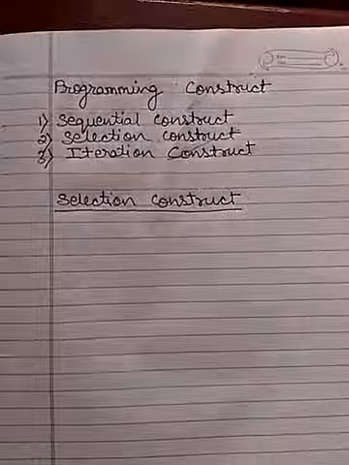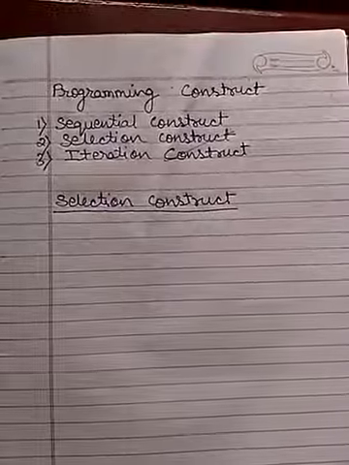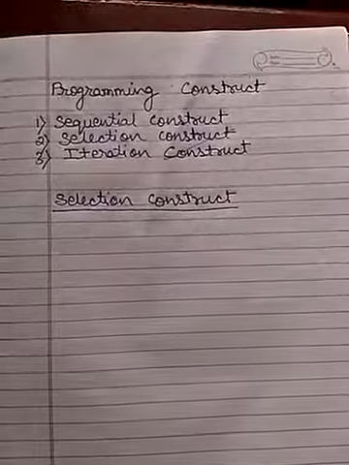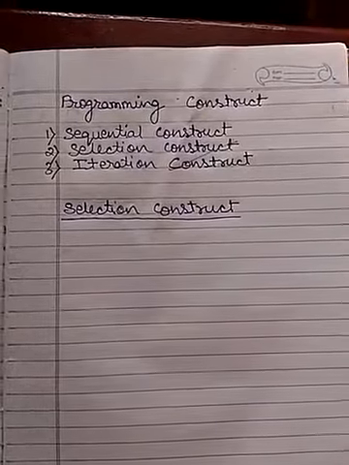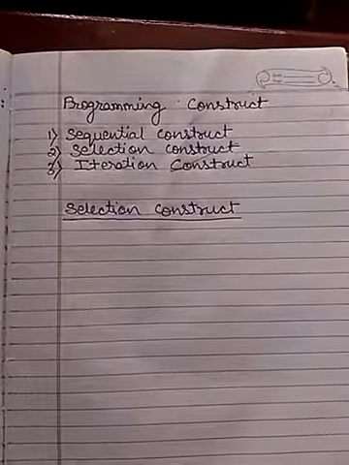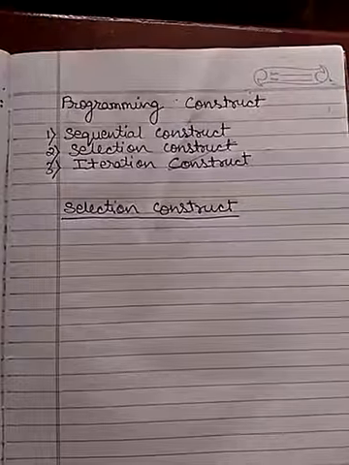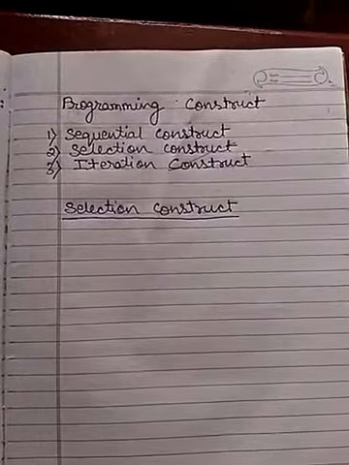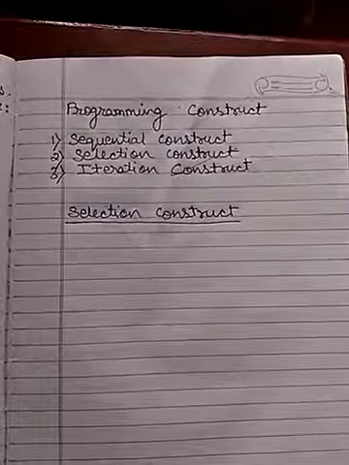Sequential constructs refers to execution of all the steps one by one, that is in a sequence. Selection construct tells that execution of the program occur on the basis of some condition, and iteration construct tells the execution of a program in a loop, that is repetition of work.